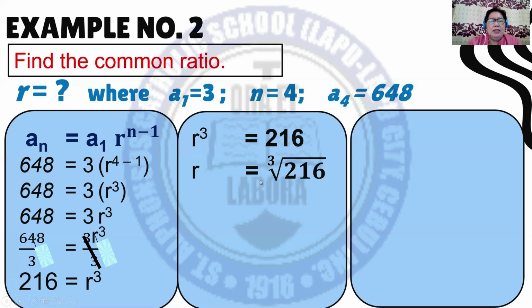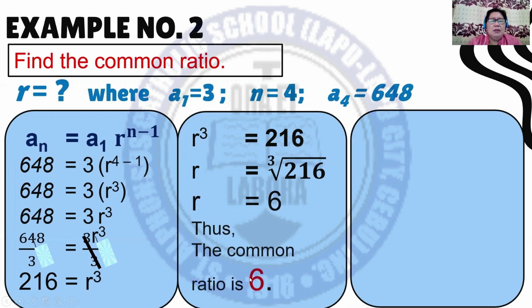And r is equal to the cube root of 216. Extract the cube root of r cubed, the answer is r. And the cube root of 216 is equal to 6. Thus, the common ratio is 6. Or, if you would like to use the second formula, r raised to n minus 1 is equal to a sub n over a sub 1.